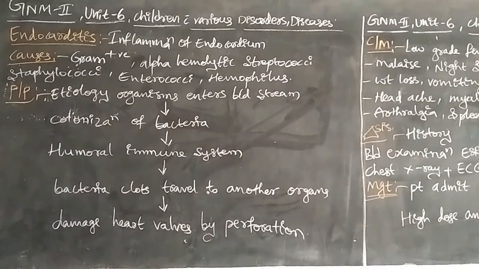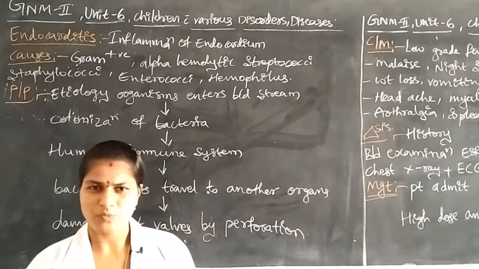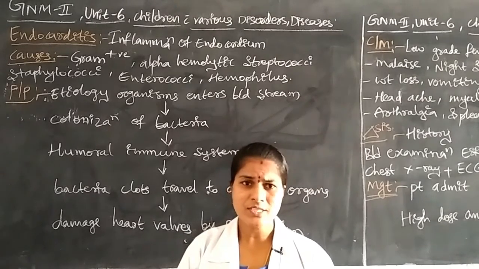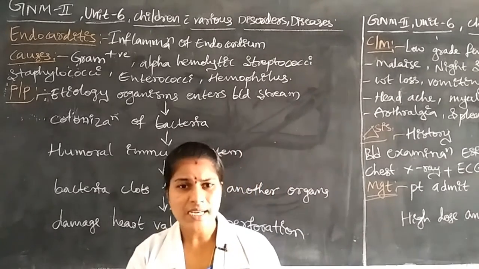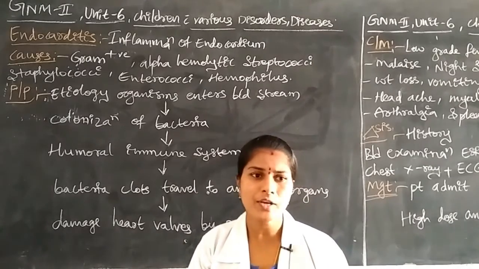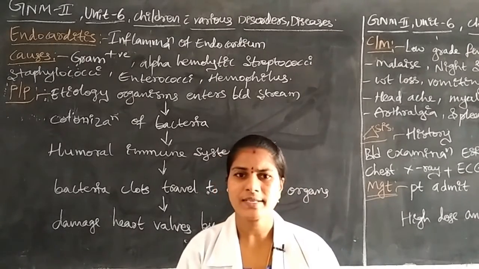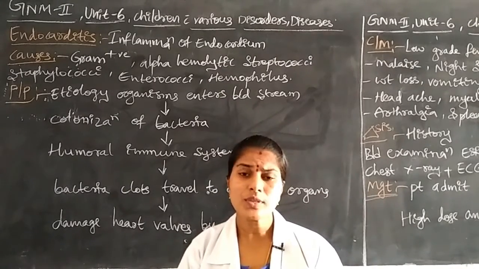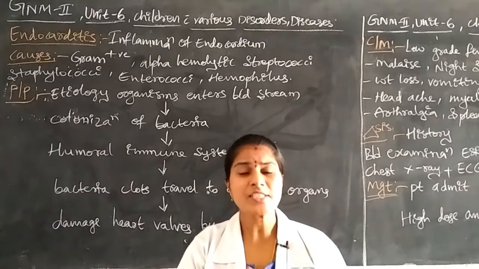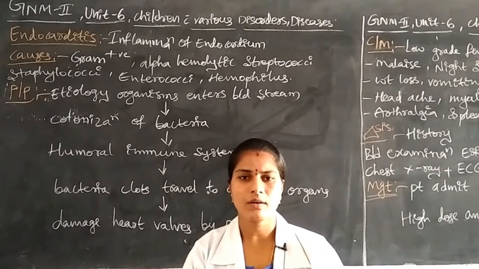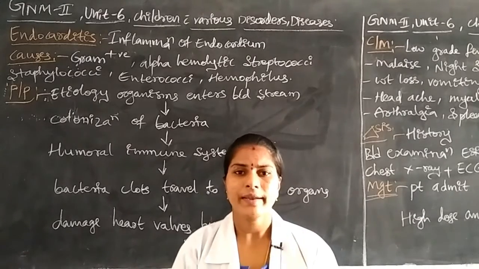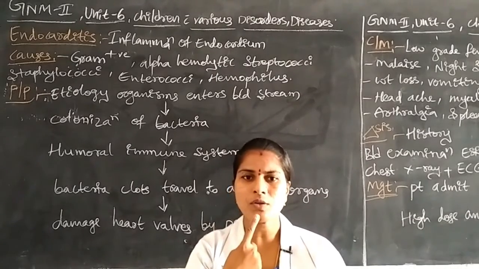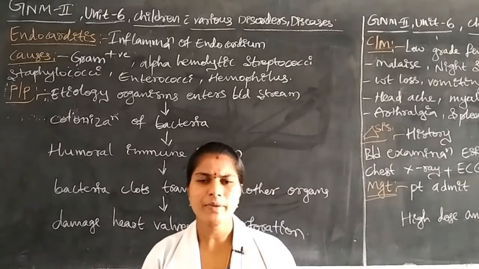Due to the etiological factors, that is the gram-positive organisms, streptococci, staphylococci, enterococci, haemophilus, and children following a poor environmental status, poor personal hygiene or poor oral hygiene, the organisms enter the internal organs, through the nose, mouth or ears, whatever it may be.